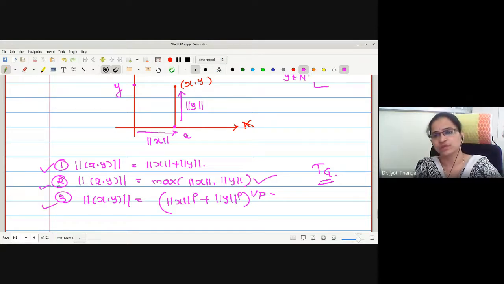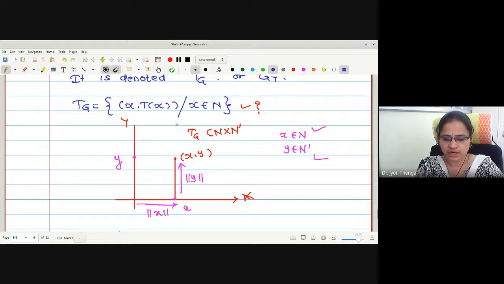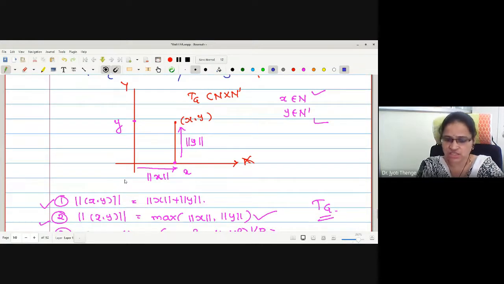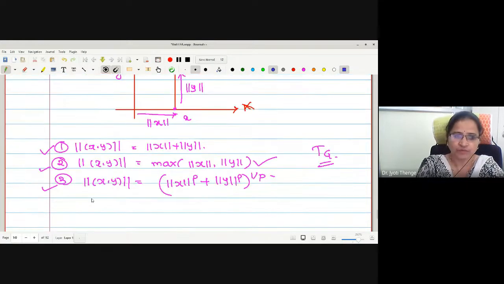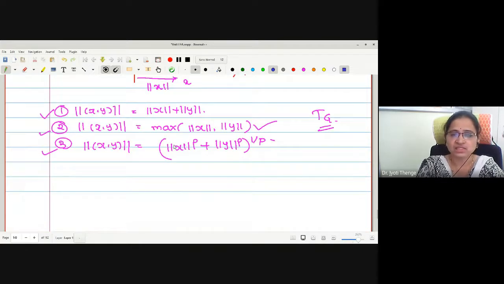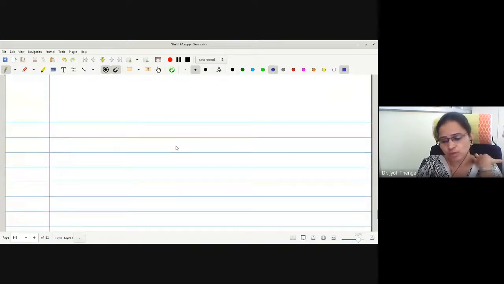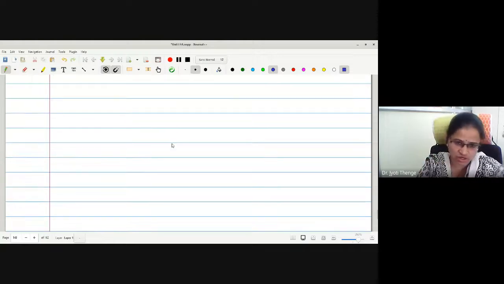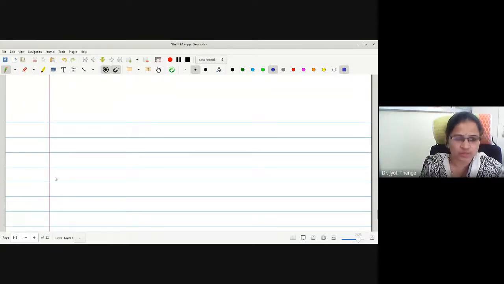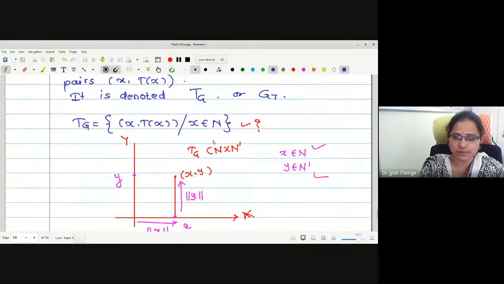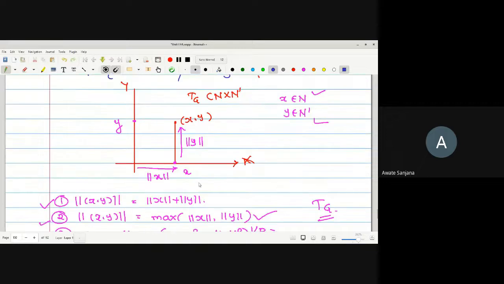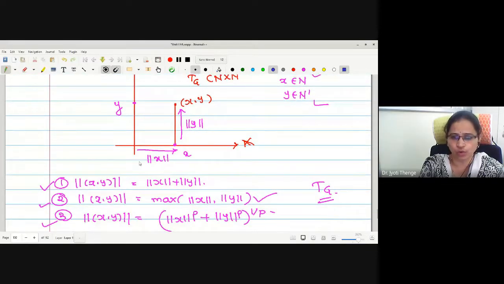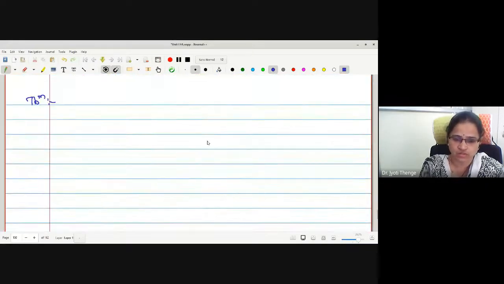Okay, let me write the first theorem: this N cross N dash is a normed linear space with this first norm, and it is a Banach space if and only if both N and N dash are complete spaces. Let me write the theorem. Is the graph concept understood? Yes, ma'am. This is the distance we are going to follow in this N cross N dash. Therefore, let us write the theorem. Let N and N dash be normed linear spaces.